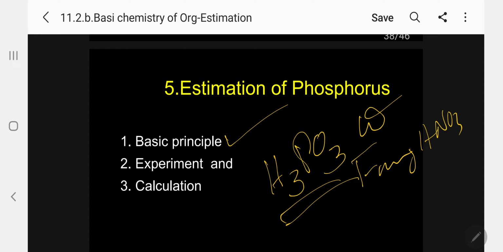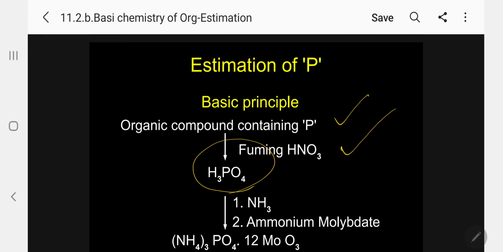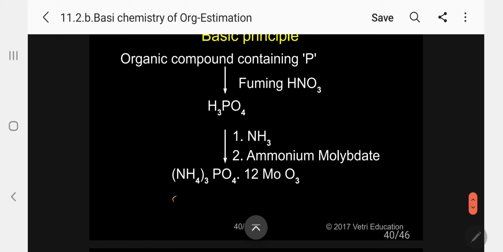Then this phosphoric acid is converted by adding ammonium hydroxide followed by ammonium molybdate, and we get ammonium phosphomolybdate. We have already seen in detection that this complex forms as a yellow precipitate.